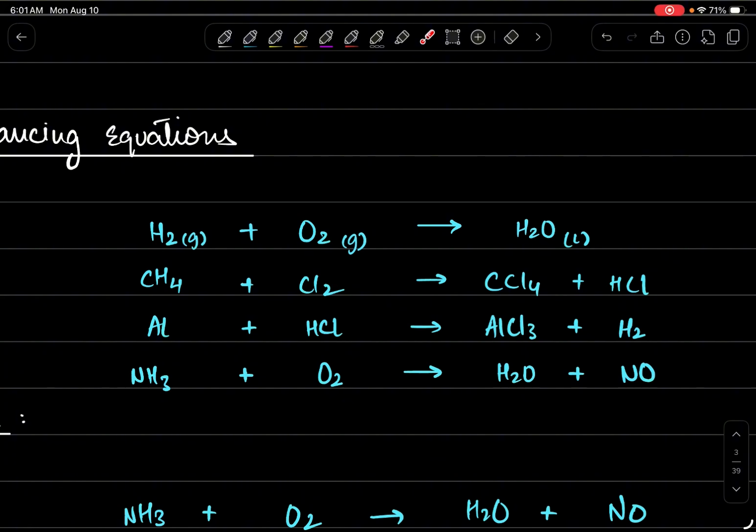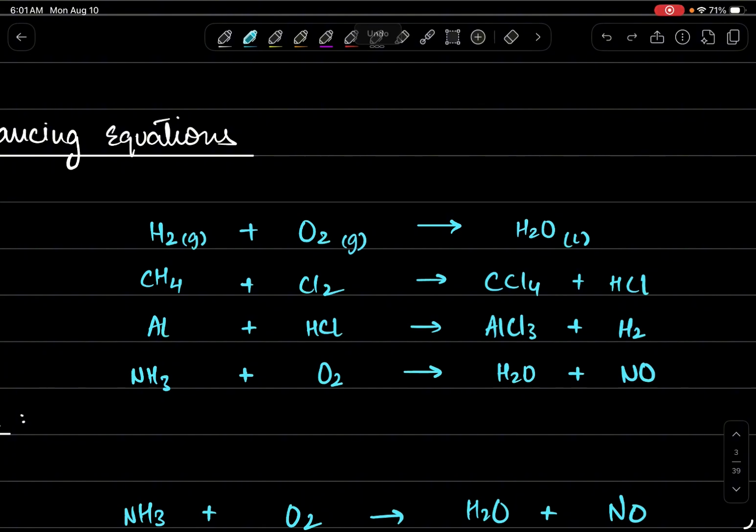But if we see oxygen on the reactant hand side, we have 2 oxygens, but on the product hand side we only have 1 oxygen. So how do we actually balance that equation? We just need to multiply. Whenever we balance an equation, we need to add some multiplier to the reactants or the products.